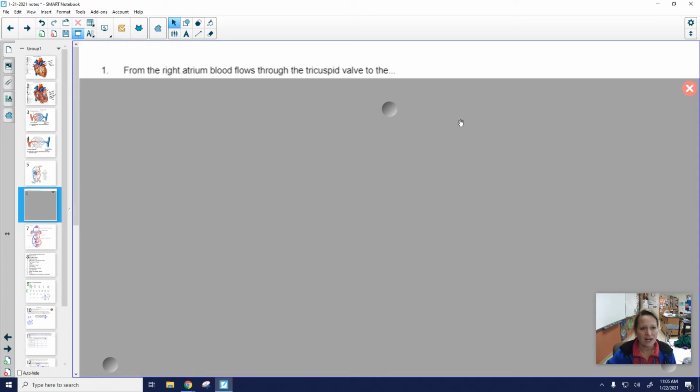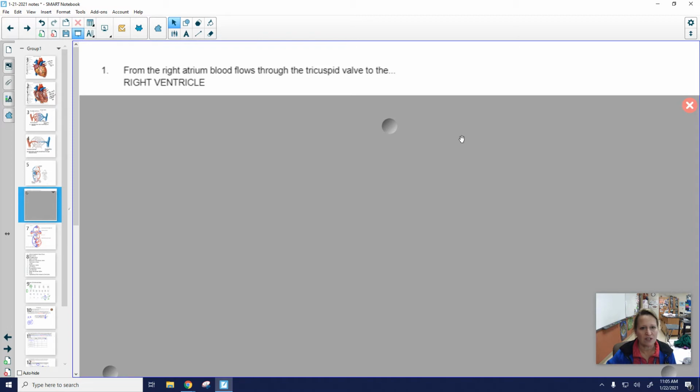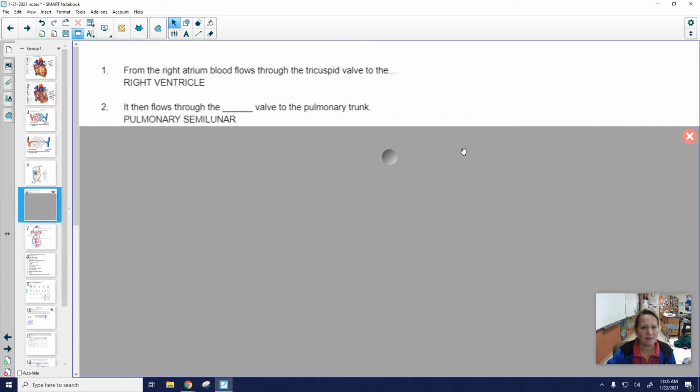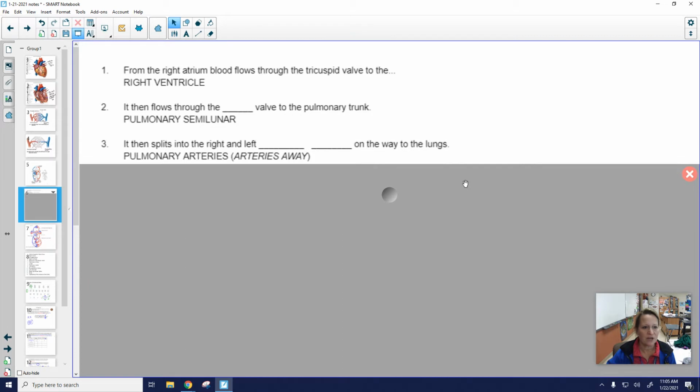From the right atrium, blood flows through the tricuspid valve to the right ventricle. Number 2, then it flows through the pulmonary semilunar valve to the pulmonary trunk. Number 3, then it splits into the right and left pulmonary arteries on the way to the lungs. Remember, arteries away.